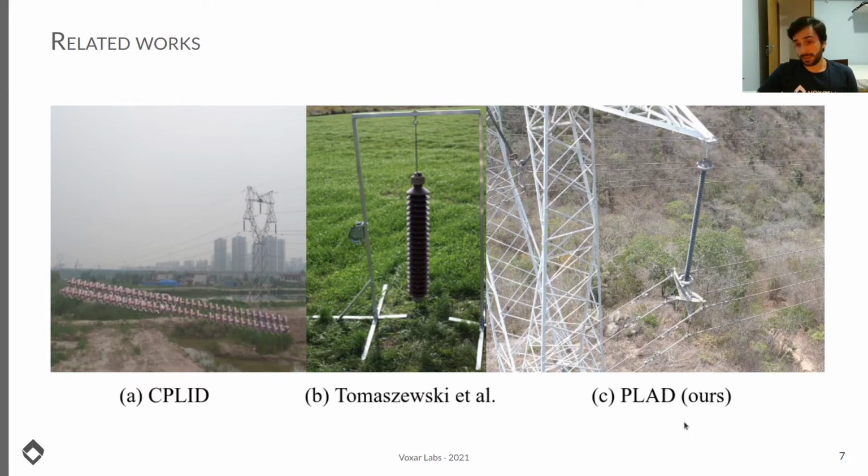On the other hand, our dataset, STN PLAD, as you can see in the image on the right, has images from real-life power line backgrounds with multiple assets in each of the images.